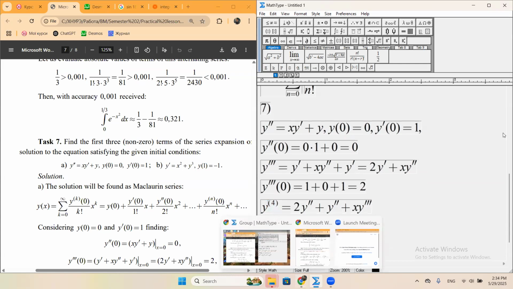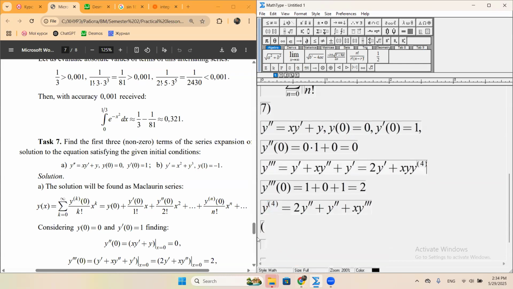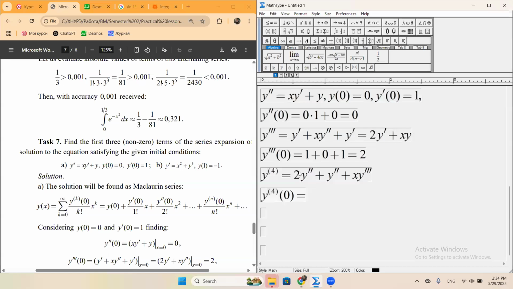Let's calculate it at point 0. Let me simplify this expression: 0 plus 0 actually, so it is a 0 term.